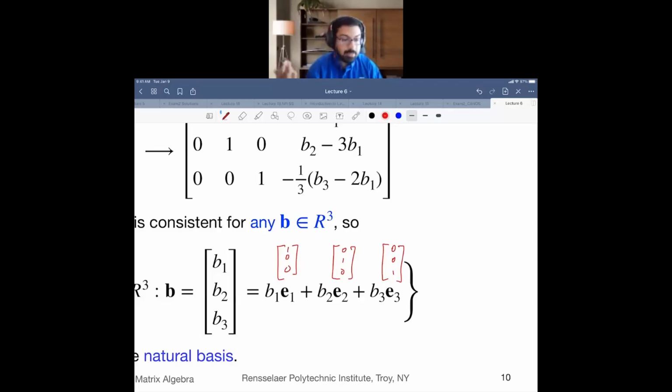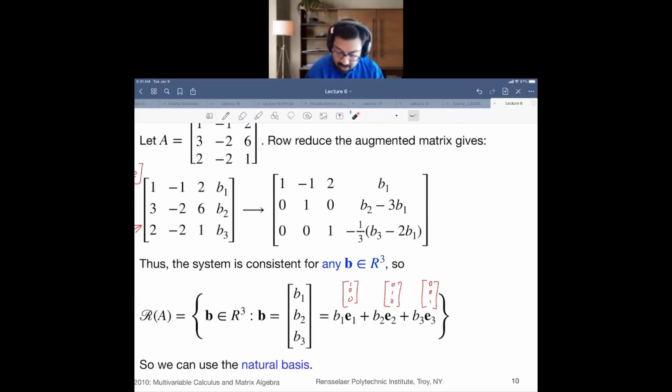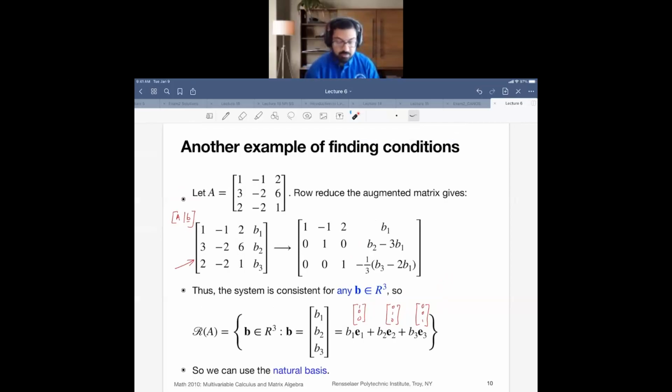That's how you would get to any B, right? So your natural basis, E1, E2, E3, is going to be the basis in this particular example. We have a natural basis: 3 vectors that are linearly independent and span all of R cubed.